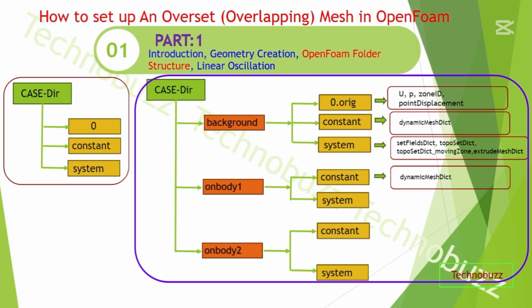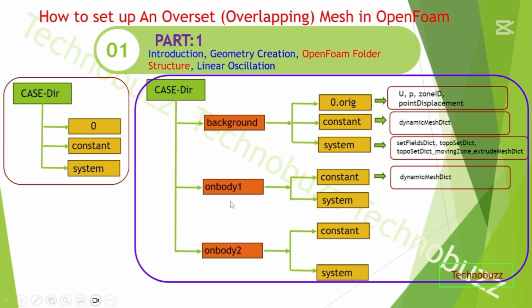This file specifies the mesh movement, translation, oscillation, or any other type of movement. Further, the system folder contains, apart from other files, the set fields dict, toposet dict, toposet dict underscore moving zone and extrude mesh dict files. I will discuss these files later.